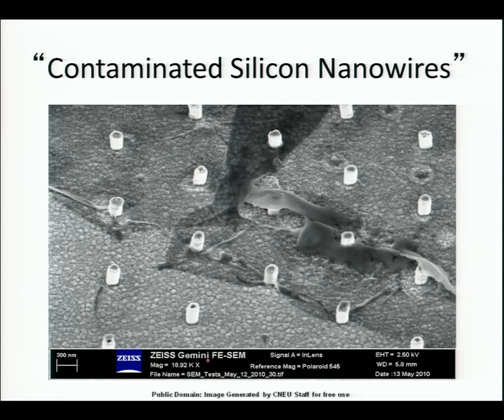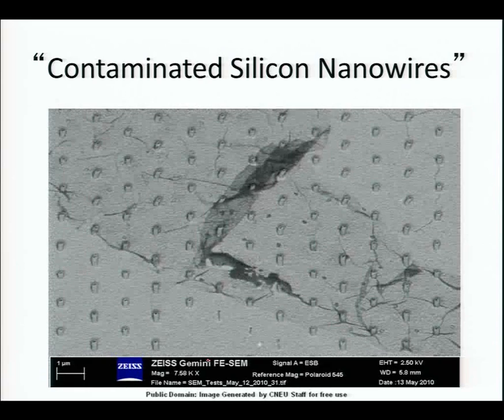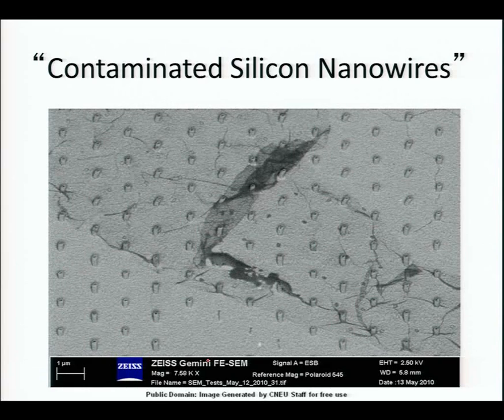These are contaminated silicon nanowires, so we can see that on this system, the nanowires are starting to grow. And I think the residual stuff on there is photoresist. We can take a closer look at that on the next slide, or step back and show that same stain, which I think is probably residual photoresist.